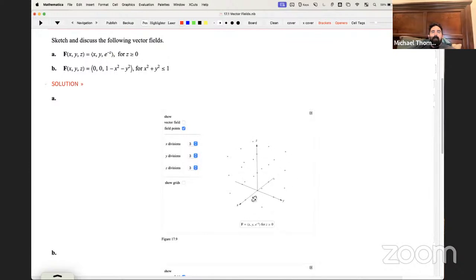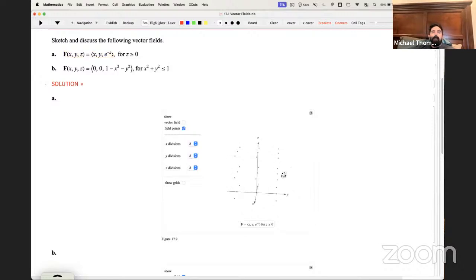All right, and we're going to compute the vectors at each one of these field points. Okay, so for example, like 1, 1, 2, it's kind of hard to see, but that would be this vector right there, or that field point right there. So we plug in x equals 1, y equals 1, and z equals 2 into the vector valued function. You get a vector, and we plot that vector at that point.